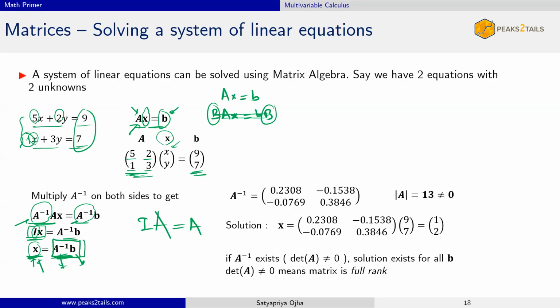For A inverse to exist, you need the determinant of A to be not equal to 0. That is the first condition. You have to check whether A is invertible or not. If you want a unique solution for x, then the determinant of A must be non-zero. And in our case, what is the determinant? 5 times 3, 15 minus 2 is 13. So cool. I know for a fact that there is a unique solution.